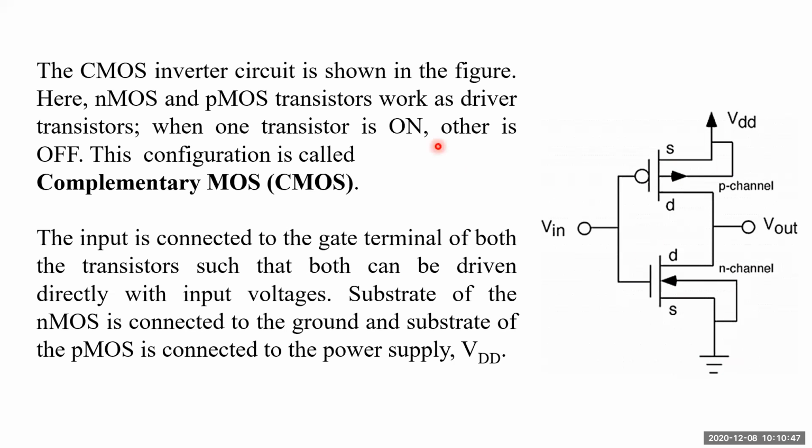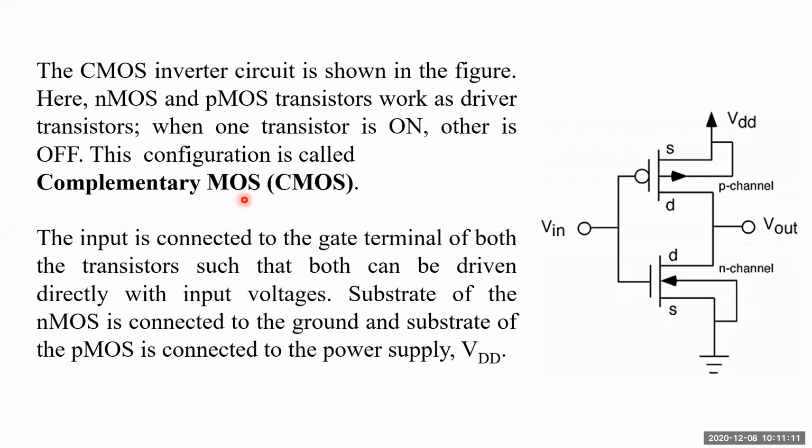Now, this particular structure works in such a way that one transistor will be turning on in one phase of the operation and the other transistor will be turning on in another phase of operation. Because of this kind of operating phases, this configuration is known as a complementary MOSFET configuration.